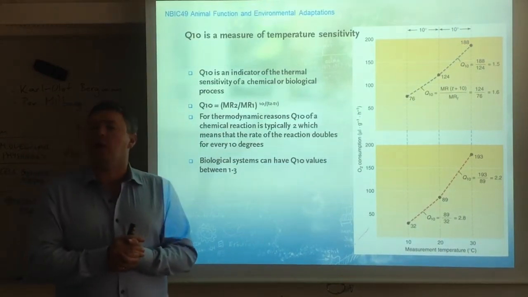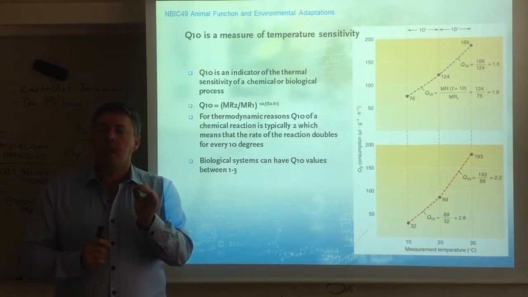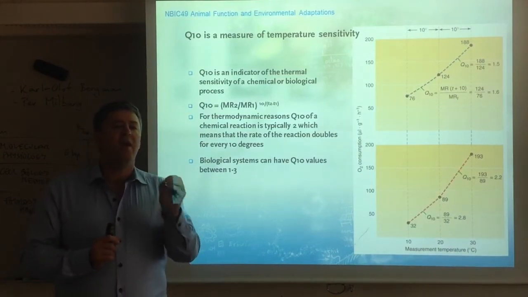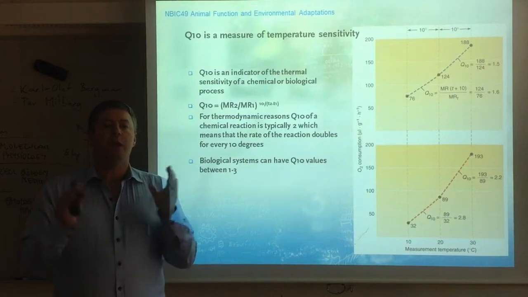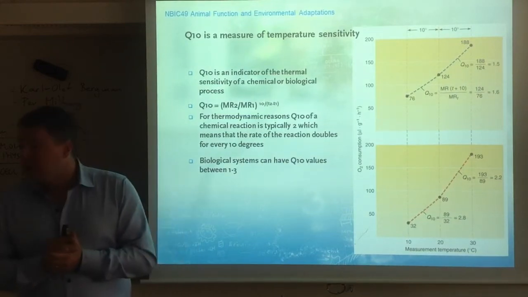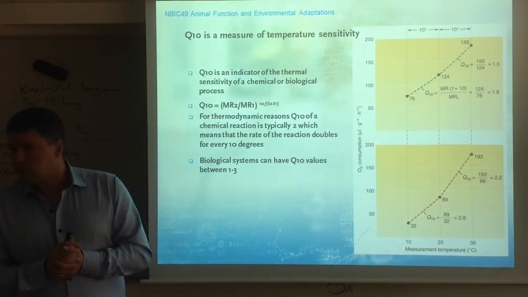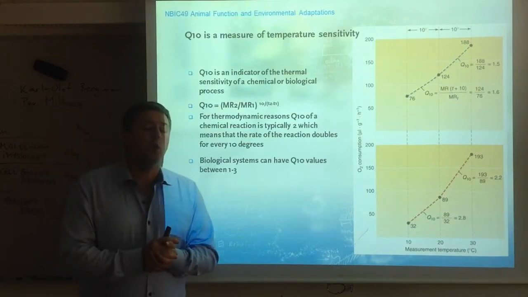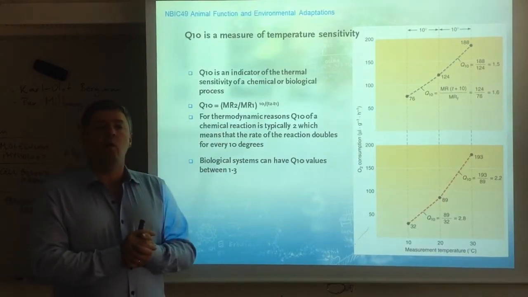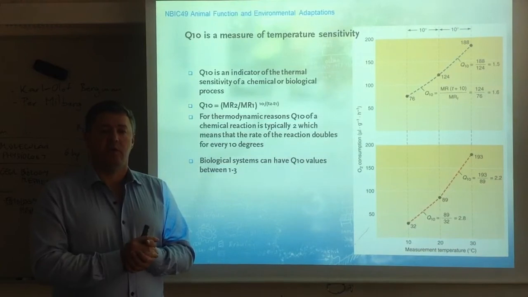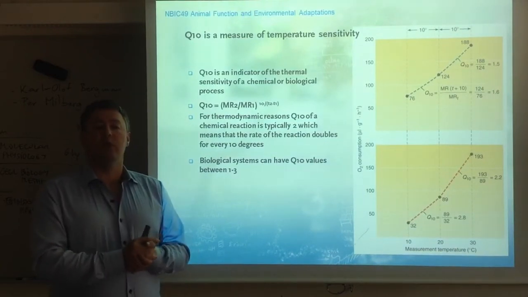Okay, this equation looks very complicated, but if you just listen to me for a second, you'll understand it very clearly. If you measure a given variable at two temperatures that are separated by 10 degrees, the Q10 tells you how much change you observe between these two temperatures.